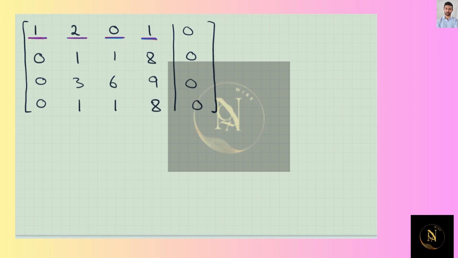Alright, now what we are going to do next is we will use the second row. We will multiply the second row by -3 and add it to the third row to get rid of this 3. And we will multiply the second row by -1 and add it to the last row to get rid of this 1. We will rewrite the first two rows. They are not going to change.